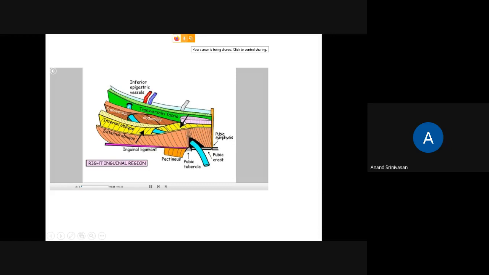In surgery, this you need not remember, but I'm telling you, they usually obliterate, close the deep inguinal ring, and the fascia is tied along with the inguinal ligament.